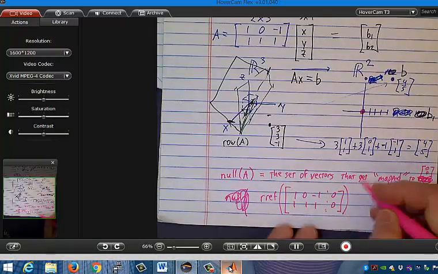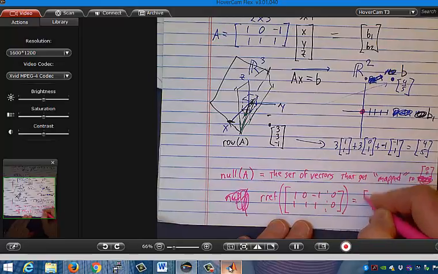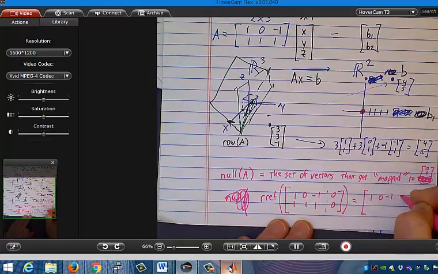The first row stayed the same, and the second one became 0, 1, 2, 0.